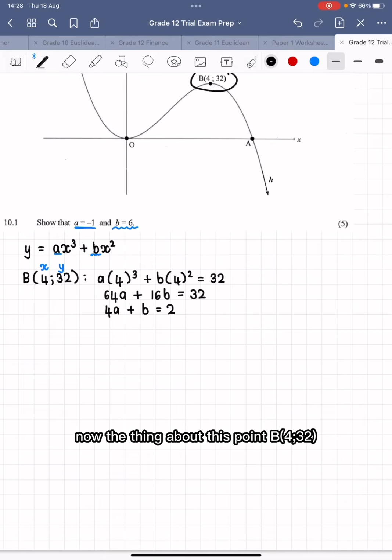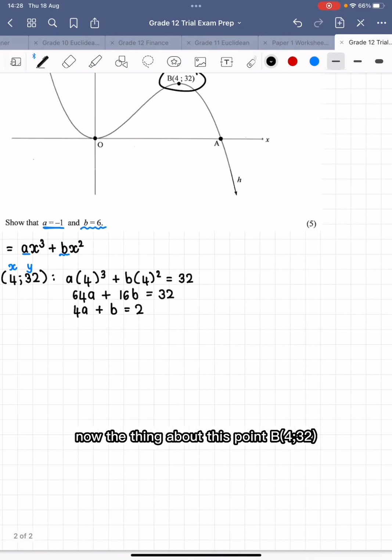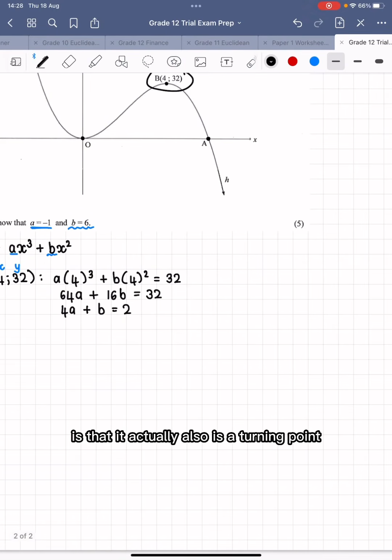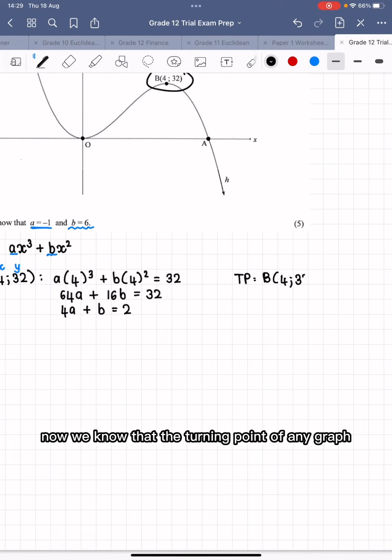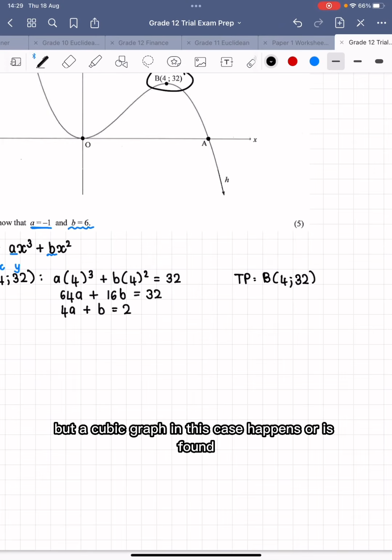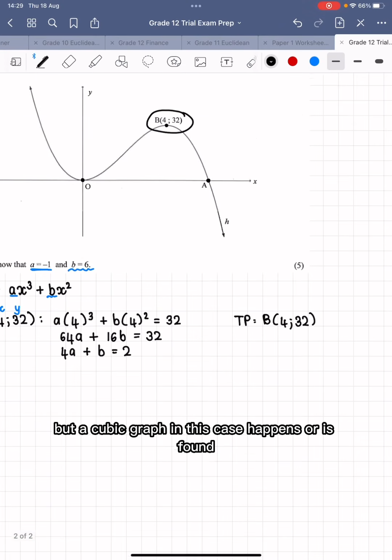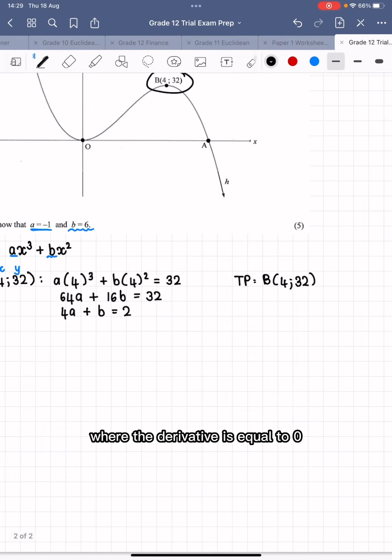Now, the thing about this point, B (4, 32), is that it actually also is a turning point. We know that the turning point of any graph, a cubic graph in this case, can be found where the derivative is equal to 0.